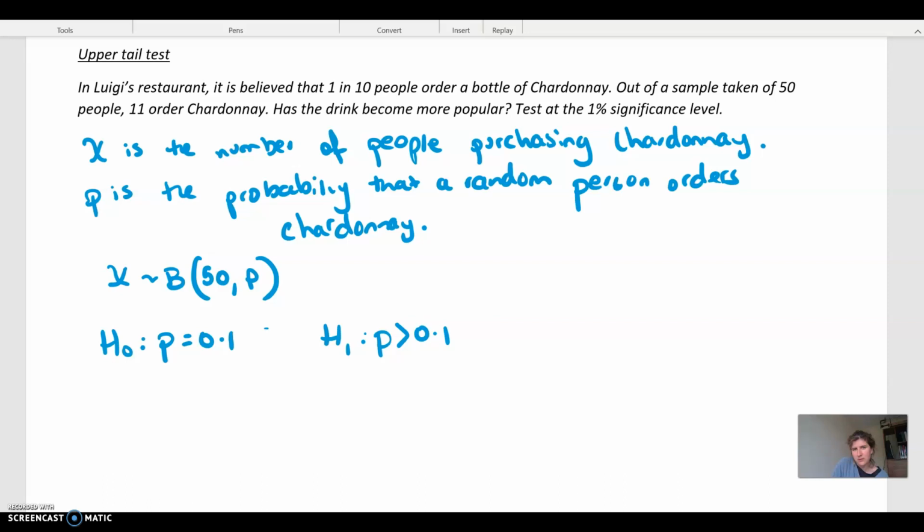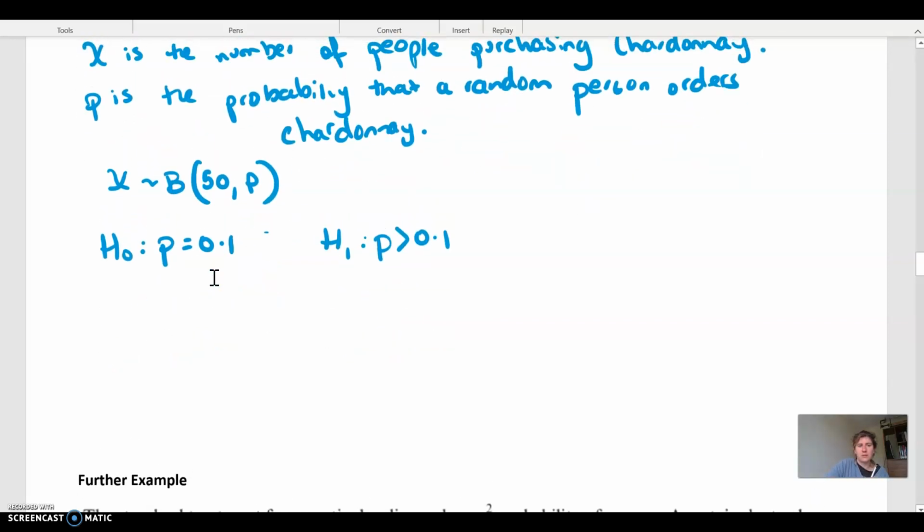We're testing at the 1% significance level, so it's a much more accurate test than before. Our method is to assume H0 is true. So therefore our test statistic is now X approximately binomial with a sample size of 50 and a probability of 0.1.